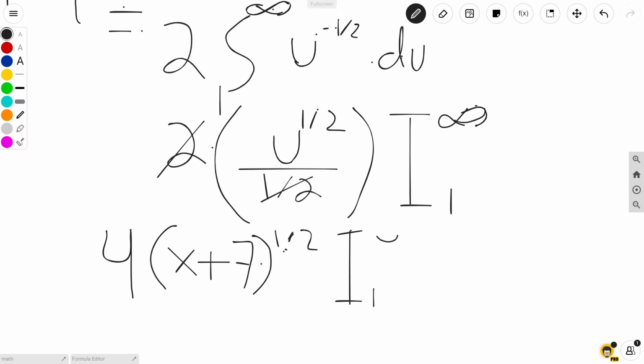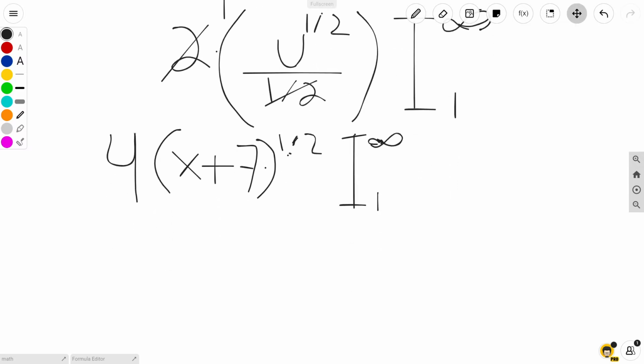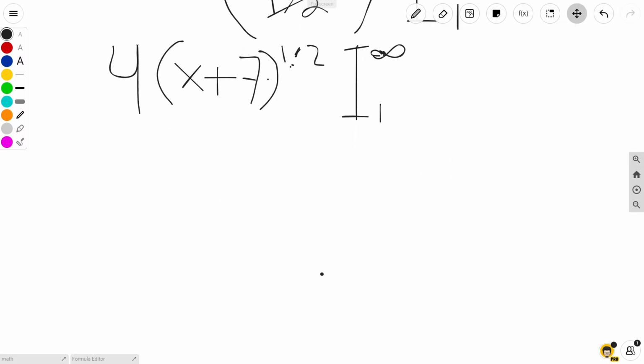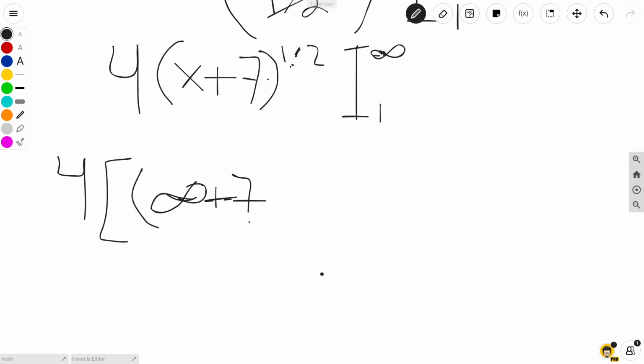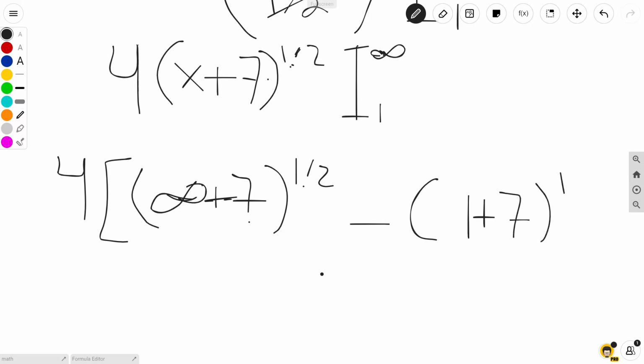And now we simply just plug in the bounds of integration. So now from here it's simple. From here it's just integrating. So right here we get 4, we'll leave it on the outside, times the square root of infinity plus 7 minus the square root of 1 plus 7, or to the 1/2.